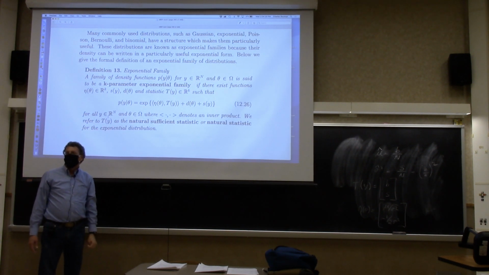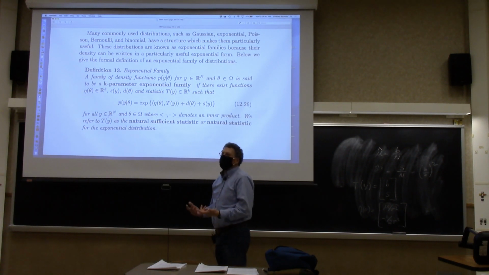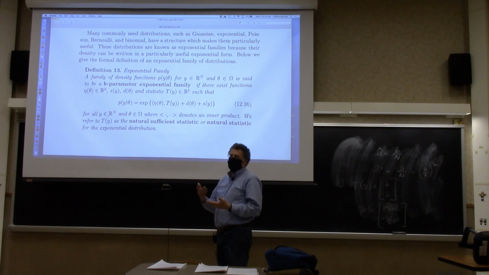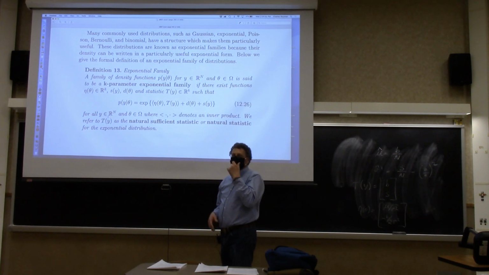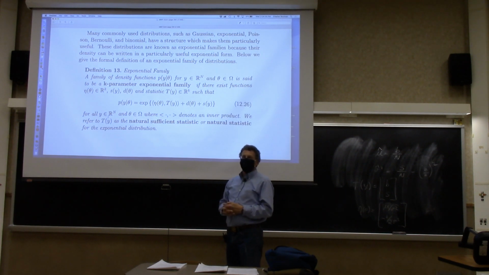If I say Gaussian distributions, I mean the family of Gaussian distributions parameterized by the mean and the variance. Or if I say gamma, every family of distributions has some set of parameters. By the way, if you go to Wikipedia, they always list these out for the different families. Are you clear on that?